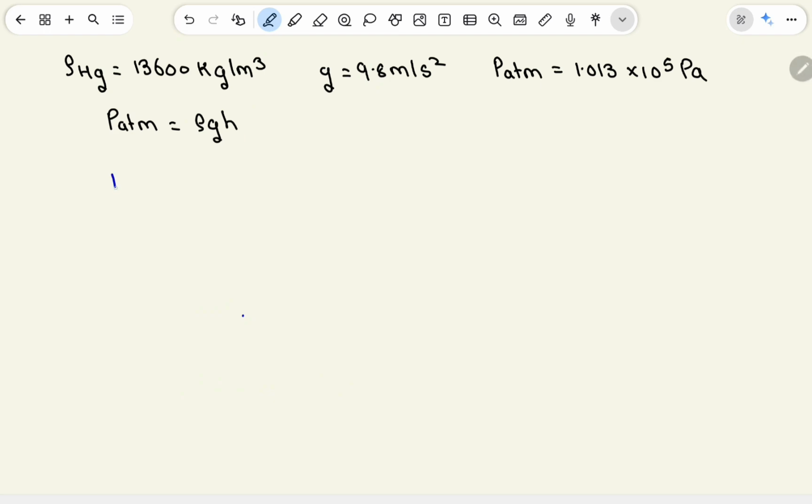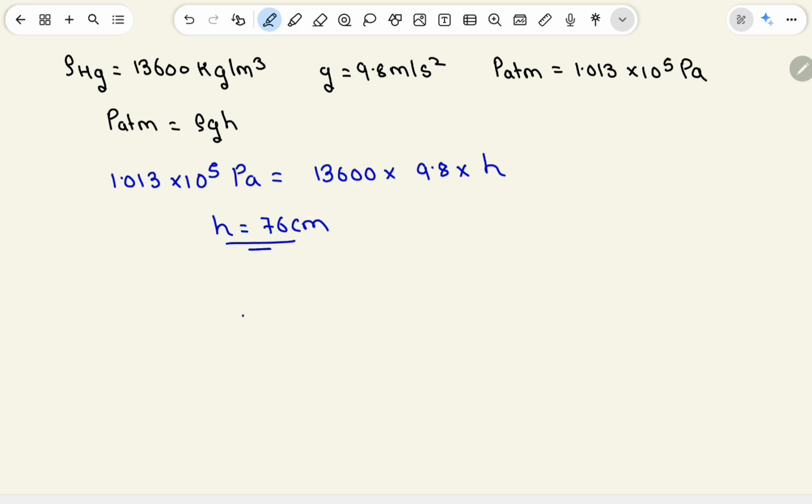So, in place of PATM, we substitute 1.013 times 10 to the power 5 pascals. In place of rho, we substitute 13,600 kg per meter cube. In place of g, we put 9.8 and we calculate h. When we do the calculations, we see that the height comes out to be 76 centimeter.